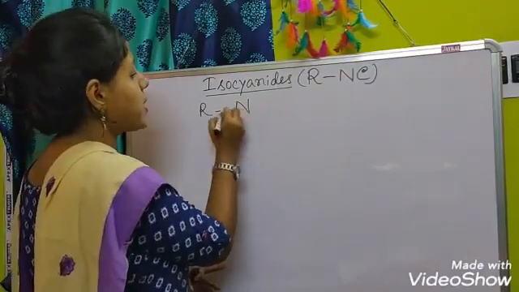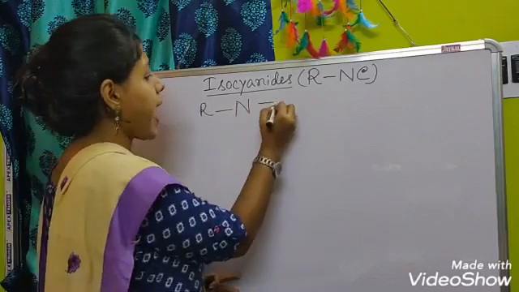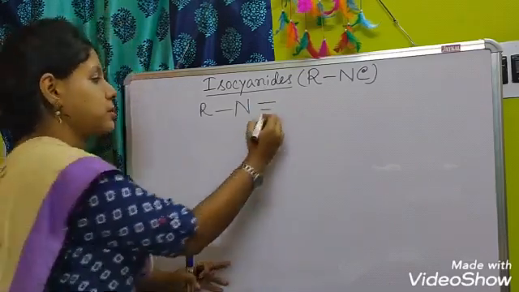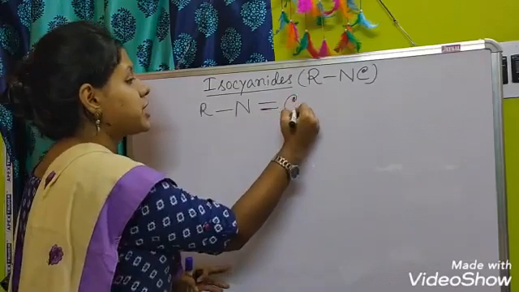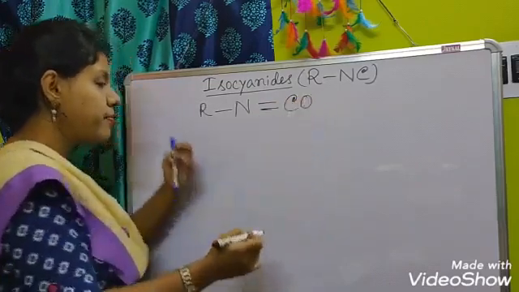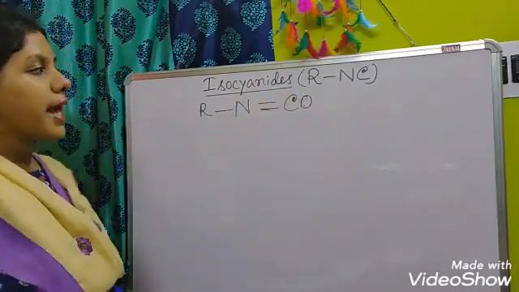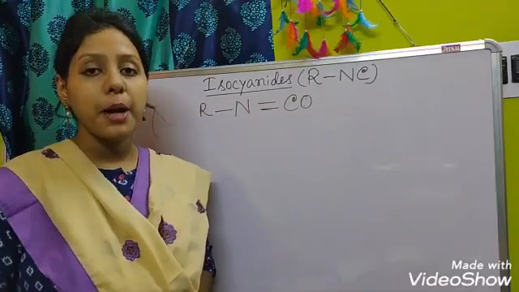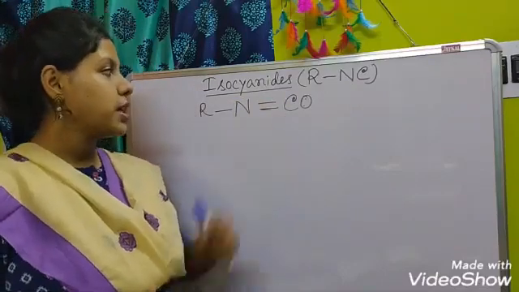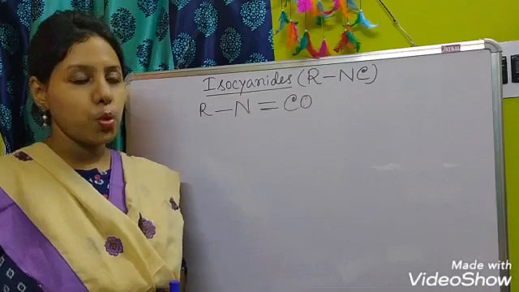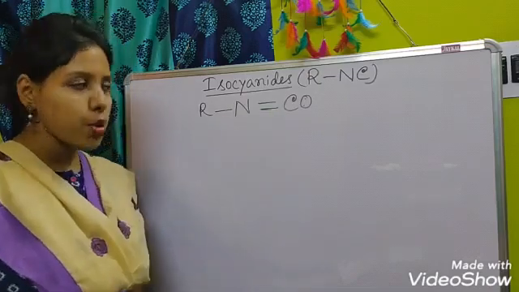So here there will be one single bond with the alkyl group and double bond, and after that carbon. Okay. So here the carbon is present in the form of carbene, right? Where there is the valency 2. Valency of carbon is 2 here.